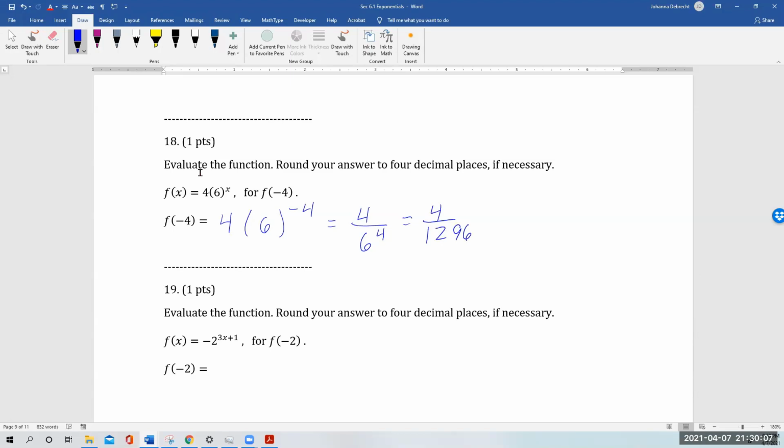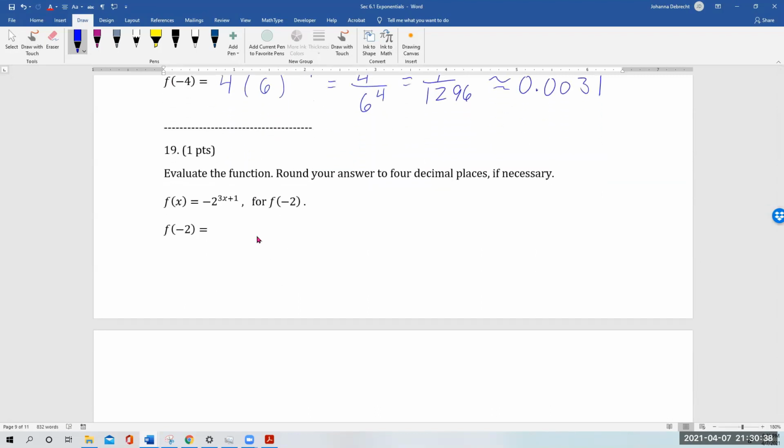Now take 4 and divide by that. 4 divided by that number should give you 1 divided by 324, which is the decimal number of 0.0031 when we round to 4 decimal places. It's actually 0.003086, but we round to 4. Let's take a look at the next problem.